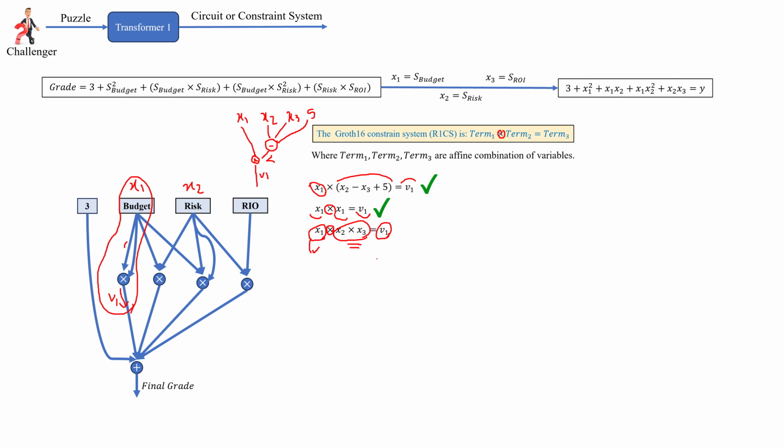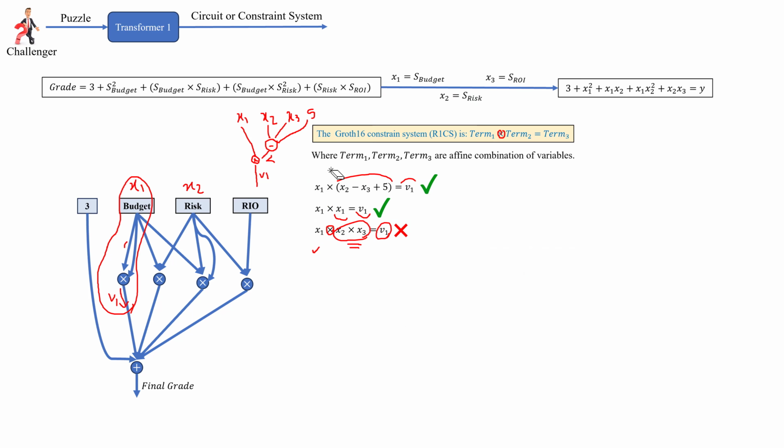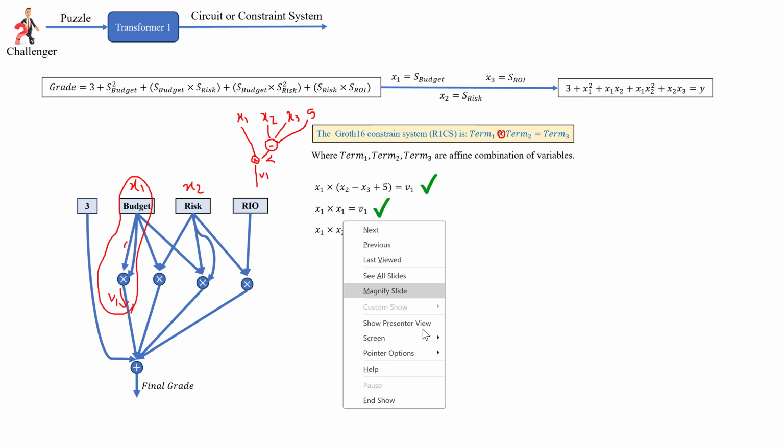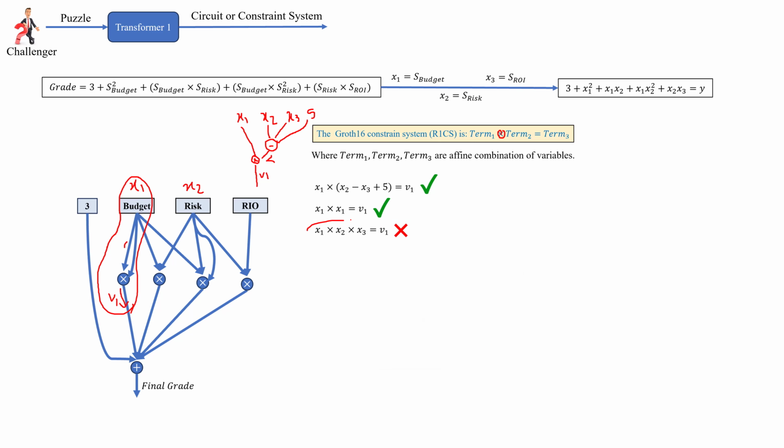So since term 2 is not an affine combination of variables, this one is not a valid constraint, right? So this means that if we want to design our circuit based on Groth16 or R1CS, we cannot have such a gate in our circuit or such a constraint in our constraint system, right?